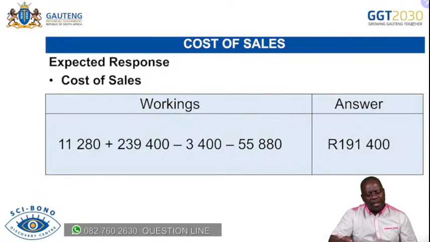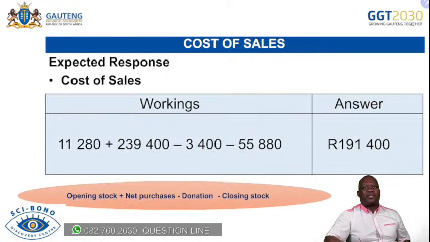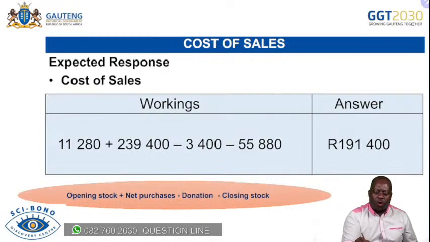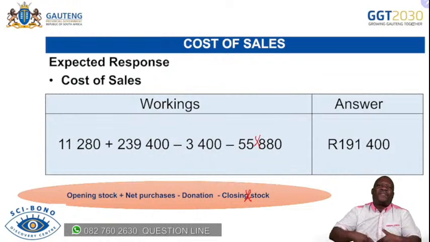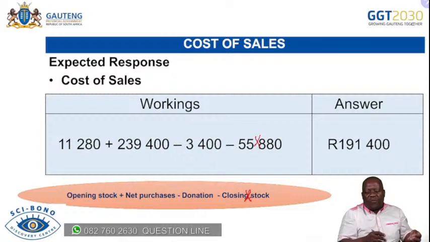Now, when it comes to this, there is a formula. Very important. There is a formula. And this formula, remember, after having your closing stock, which is exactly this item, whichever method you use, we are now finding cost of sales.